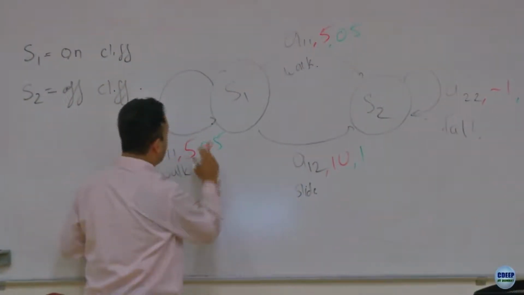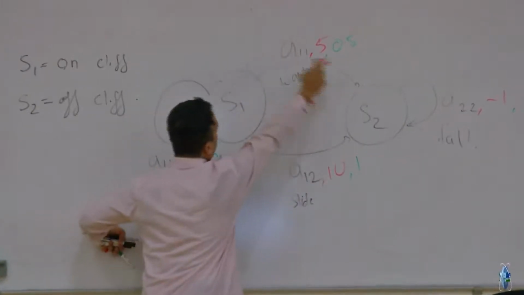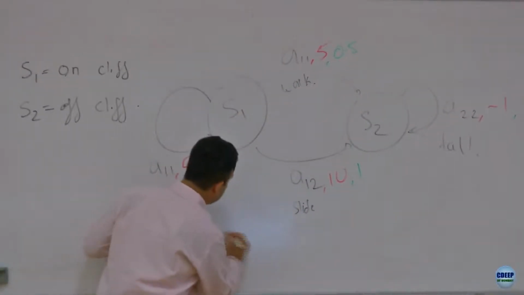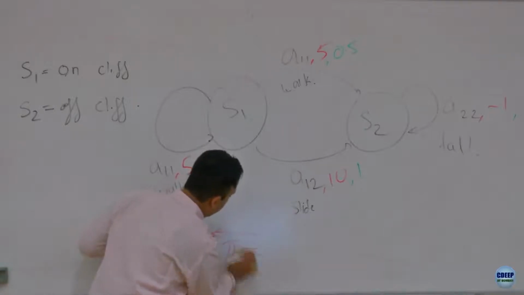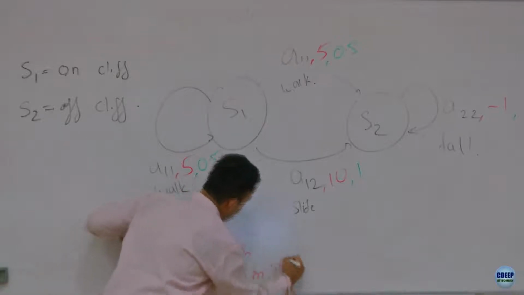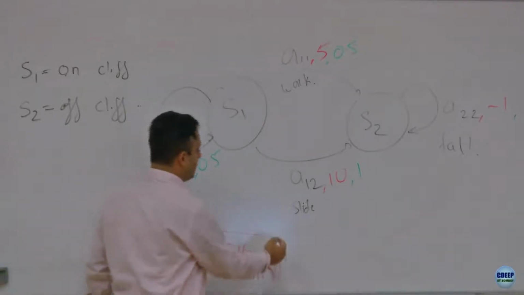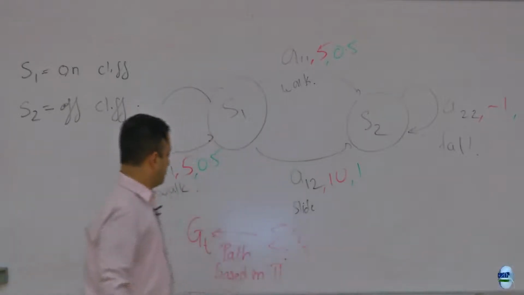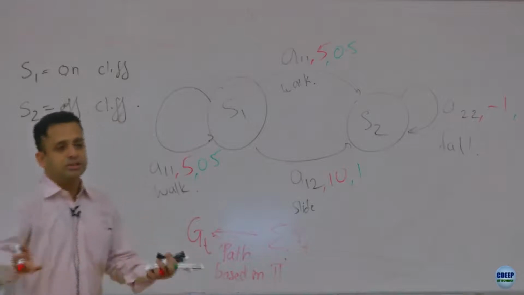GT says I am going to add the reward you get here and the reward you get here based on what path I follow. So GT feeds in from a path based on policy, and basically based on that it just sums the RTs. The rewards are based on the path.